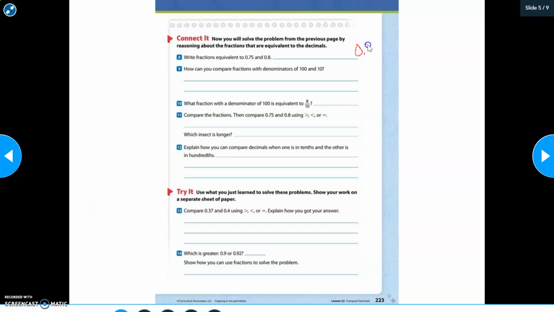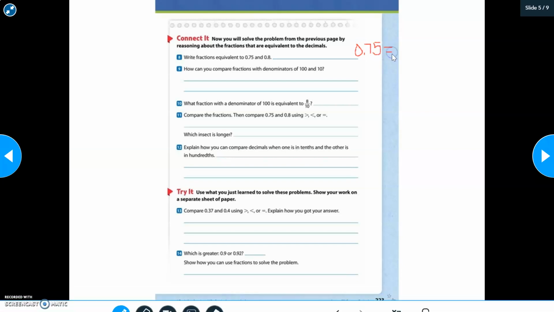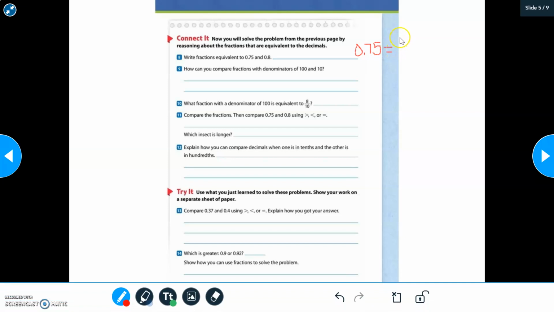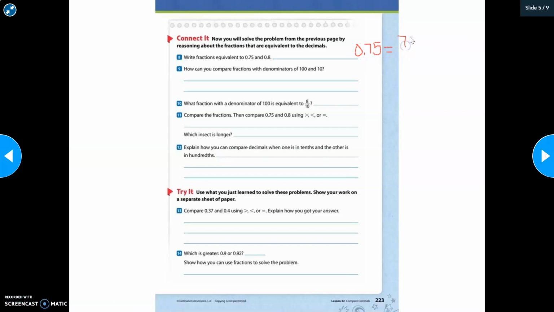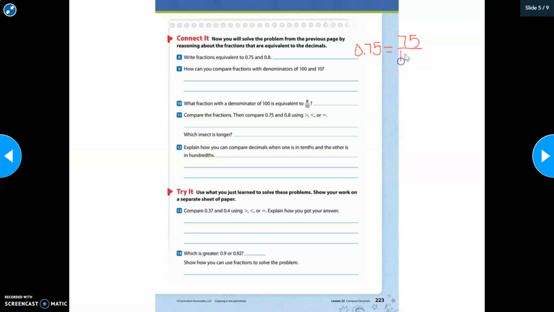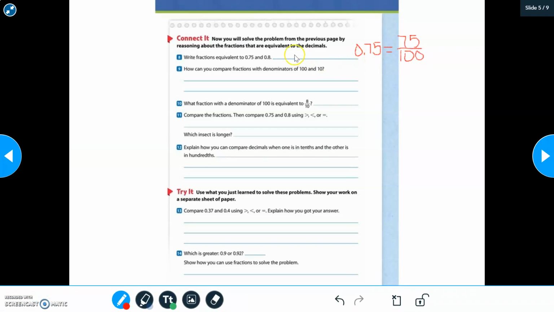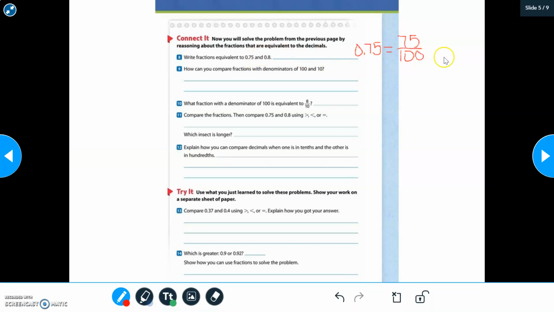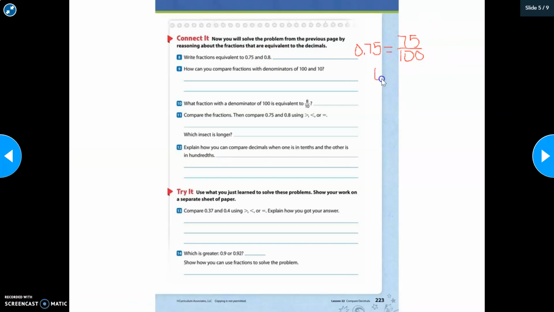I'm going to go ahead and write the decimal 7/500 equals, now let's write it as a fraction. 75. I'm going to draw my fraction bar. Under my fraction bar, I'm going to write 100. Now for 8/10, let's write the decimal 8/10.